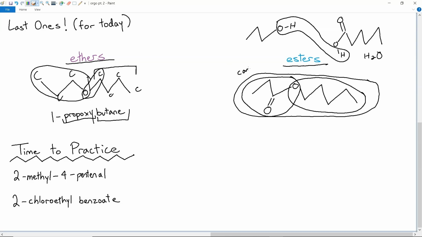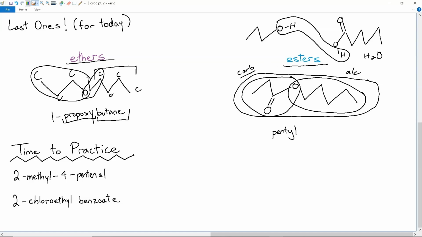So this is carboxylic acid, this is alcohol. And that's important because the alcohol part of the ester actually needs to be written out first in its name. On the alcohol side of things, I have 5 carbons. So this is going to be a pentyl group that's attached to the carboxylic acid.